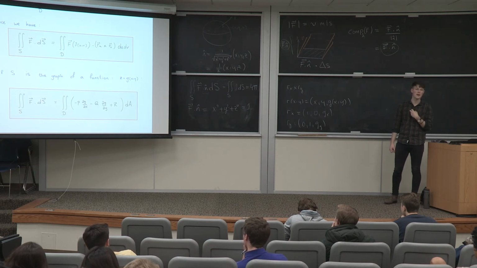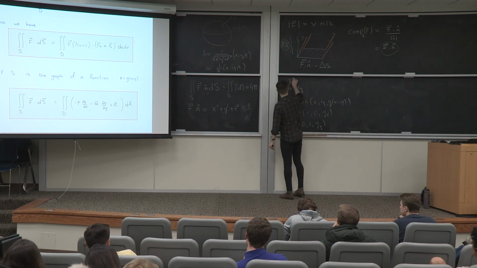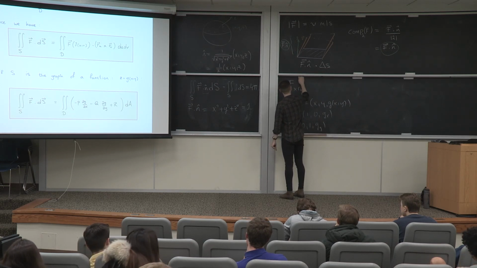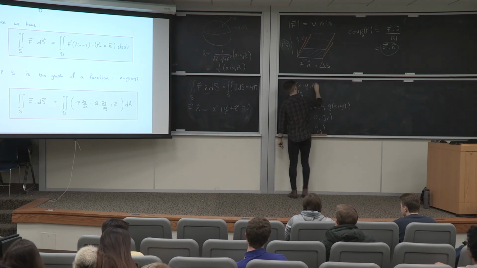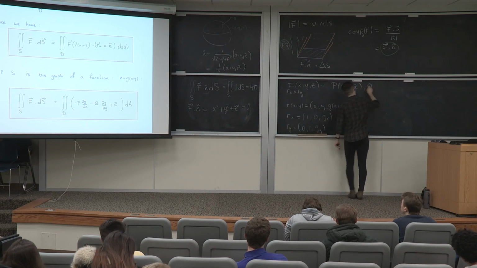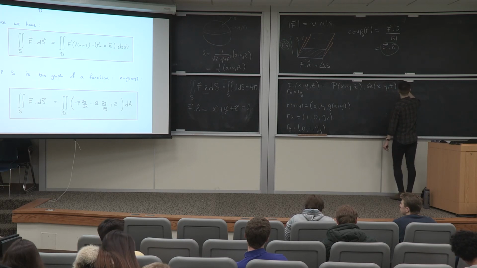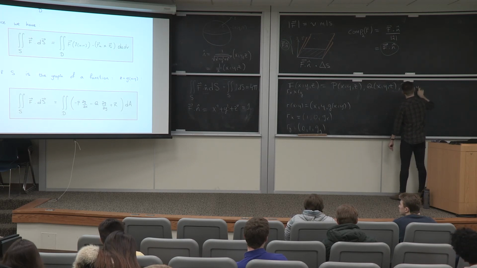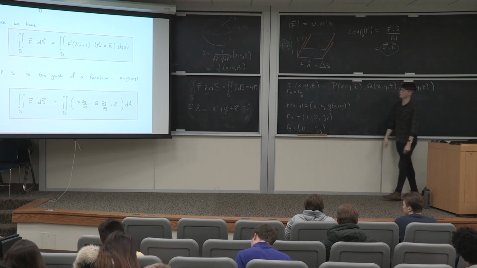Wait, what's the PQR? So F, oh, very good. I should include that. So F as a vector field, F(x,y,z) is (P(x,y,z), Q(x,y,z), R(x,y,z)).